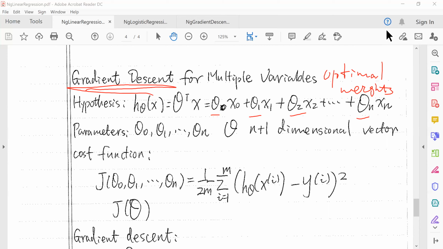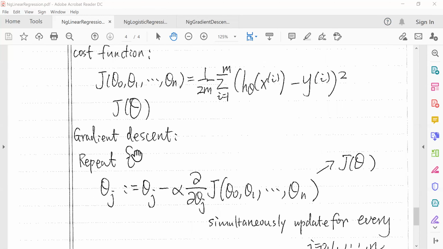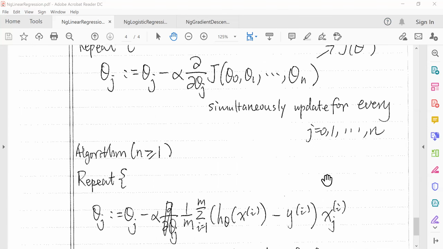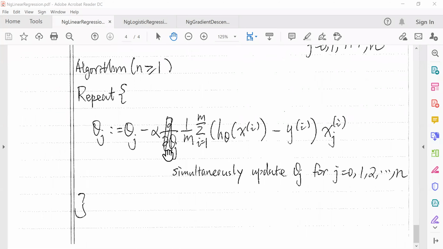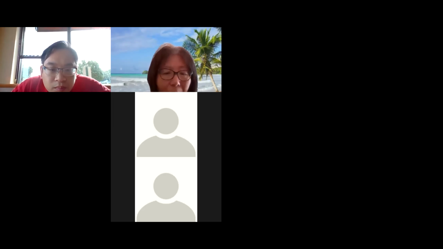You define the cost function as the mean square error, and then we can start to do gradient descent, simultaneously updating all of the features. That's the gradient descent concept. So we understand the concept of linear regression. Next, let's take a look at an example.